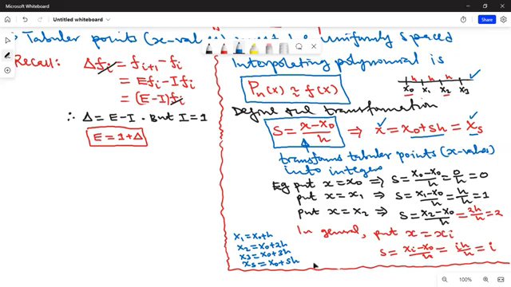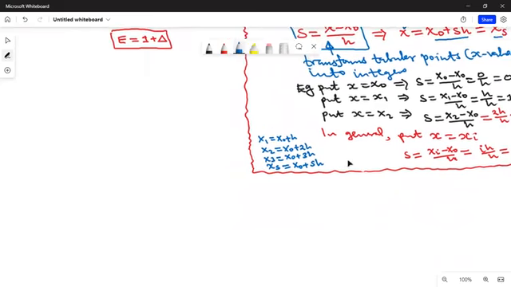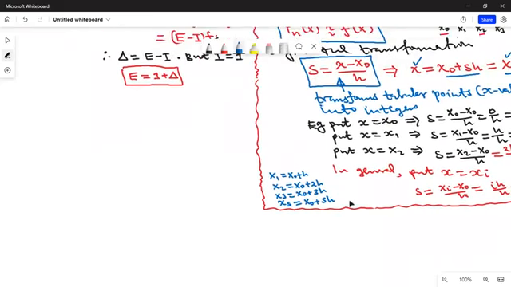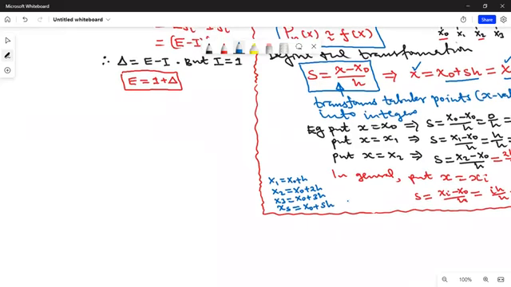So having explained those, let's go back to our polynomial. Now our interpolating polynomial, Pn of x, is approximately equal to f of x.